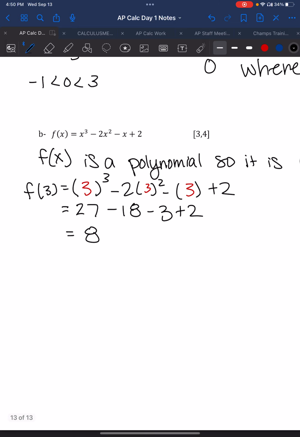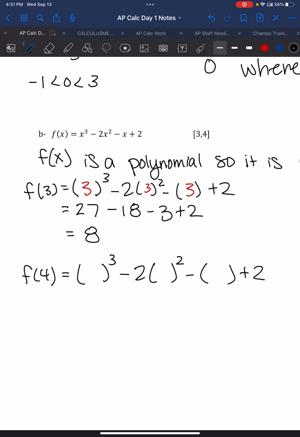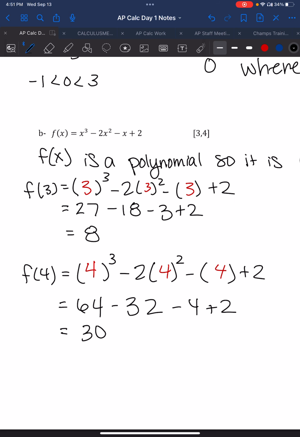Now we are going to look at f of 4. Same thing, but plugging in 4. 4 cubed is 64. 4 squared is 16, times 2 is 32. Minus 4 plus 2. All that together is 30.